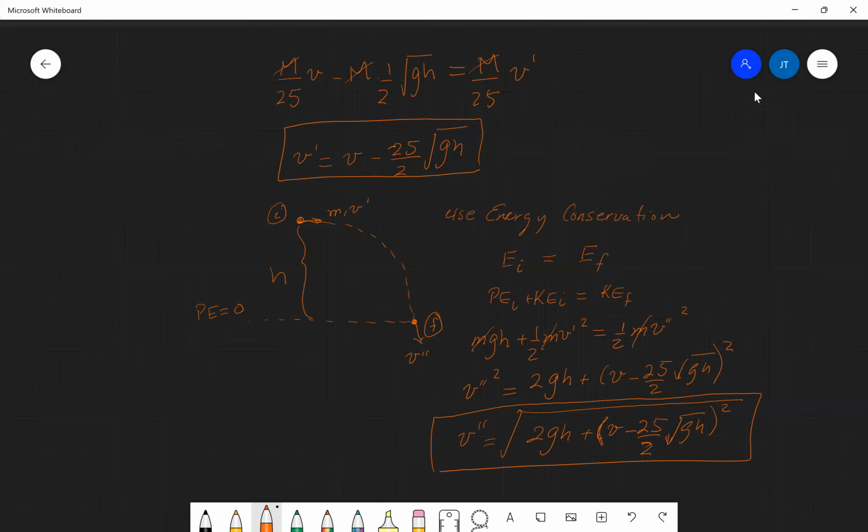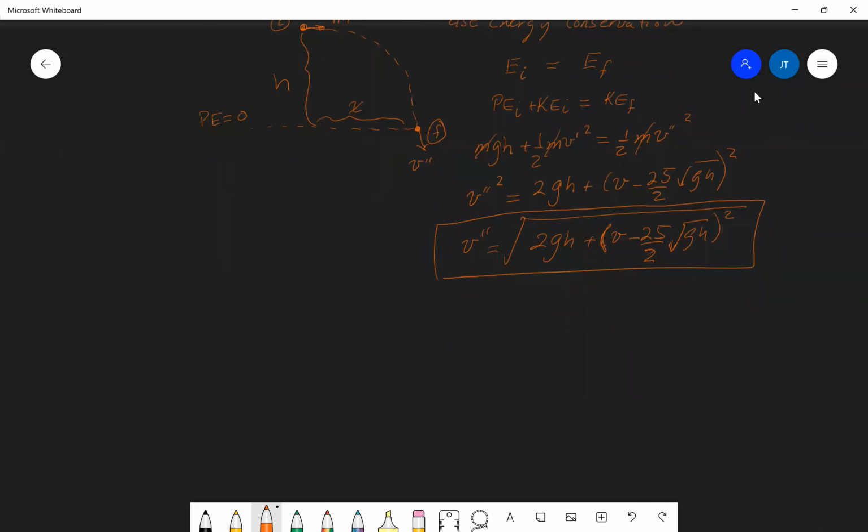Now, part B, they want to know how far does it fall away from the table. So we want to know this x. So for part B, let's write down what the equation is and see what we know and what we don't know. All right, in kinematics and projectile motion, there's no acceleration horizontally.